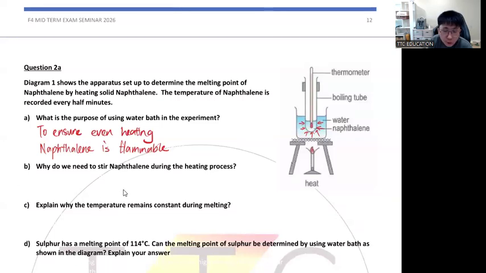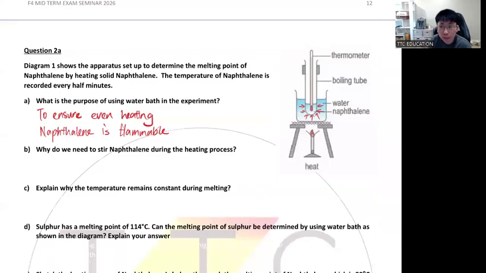Then why do we need to stir naphthalene during the heating process? If you don't stir, the outer part gets heated up, but the inner part gets heated up later. So not fair. So again, when you stir, we still want to ensure even heating.